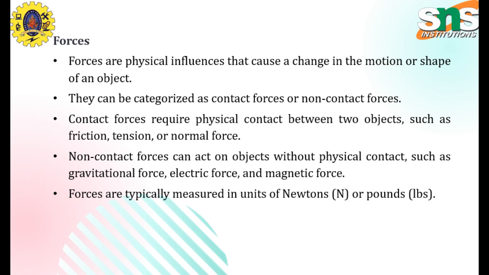Non-contact forces, on the other hand, can act on an object without physical contact, such as gravitational force, electric force, and magnetic force. Force is measured in units of Newton or pound.